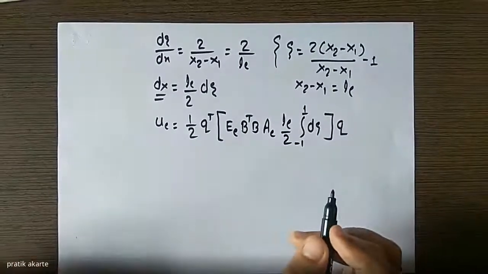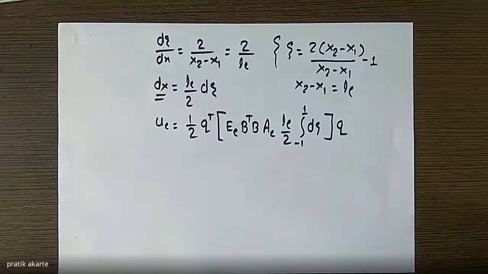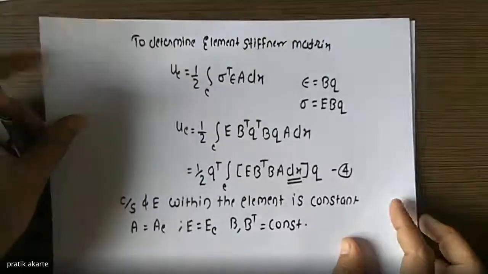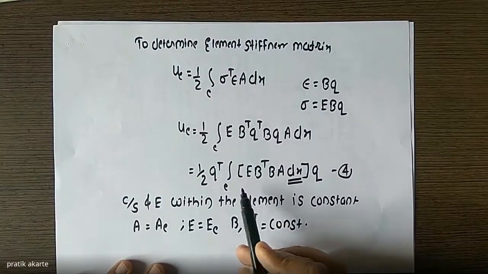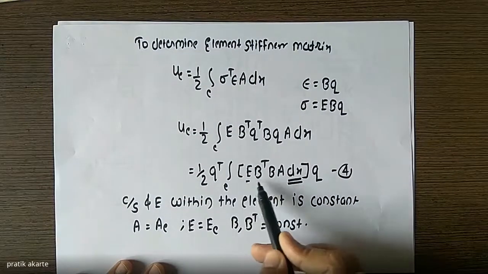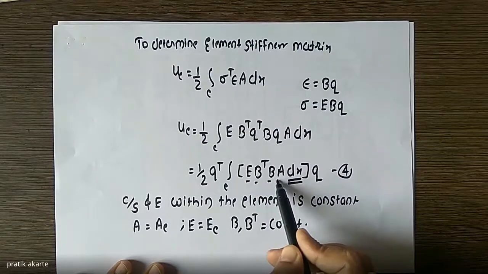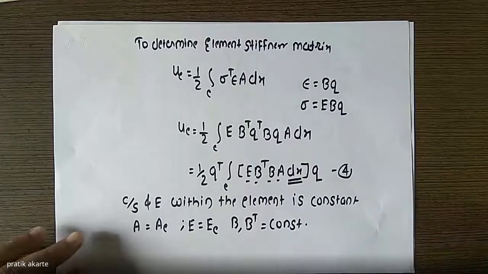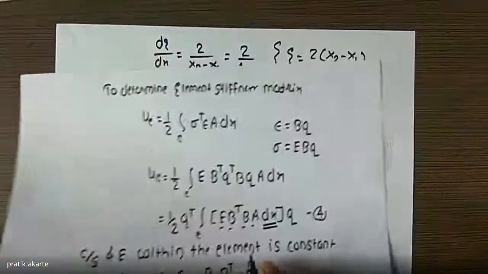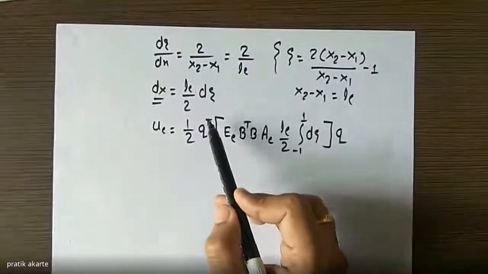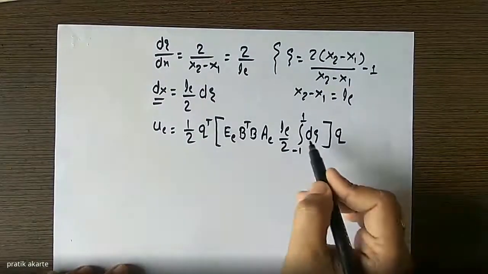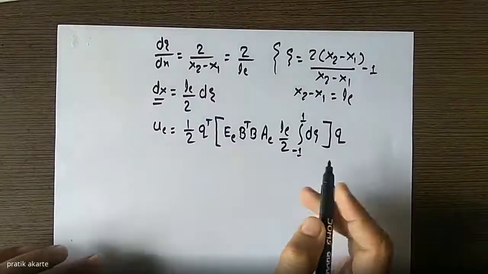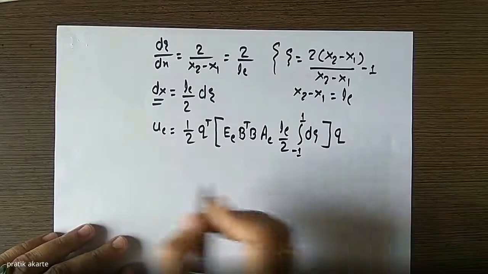So taking the reference of equation number 4, I rewrite it as equation number 5, let us say. So this is equation number 4. I consider E, B transpose B, and A as constant terms, and after writing dx as Le by 2 into d zeta, I'll get this term and integrate it within the limits minus 1 to plus 1.